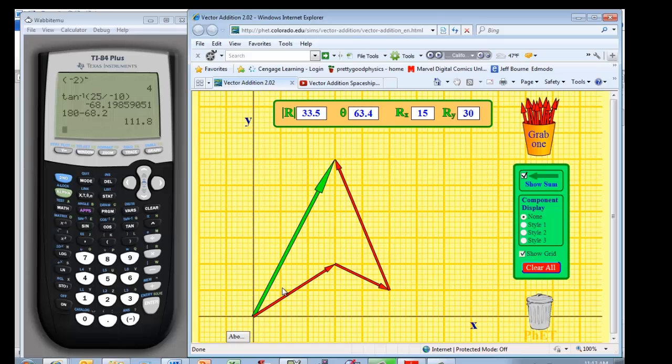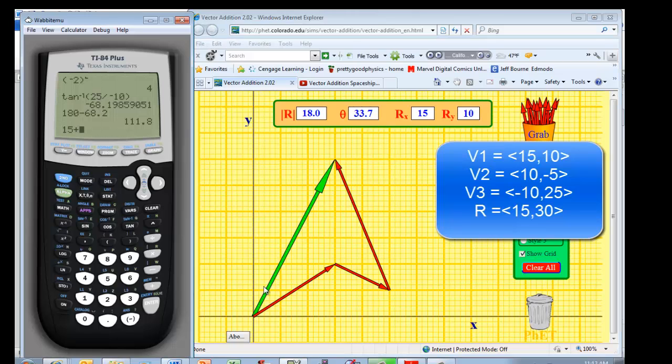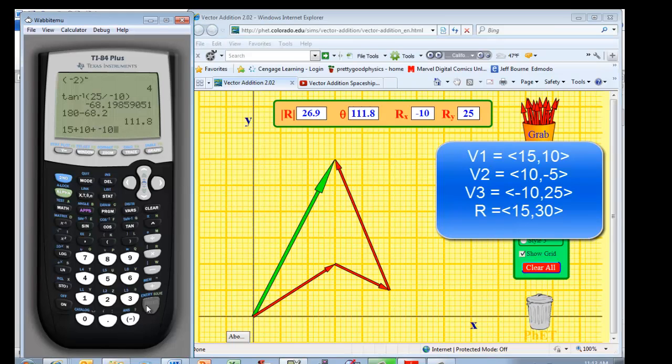Well, if you break it down, each individual vector had an x. We had 15 plus 10 plus negative 10. All right, so the resultant x was 15, which we can see here, but I want to look at it from the vector perspective.